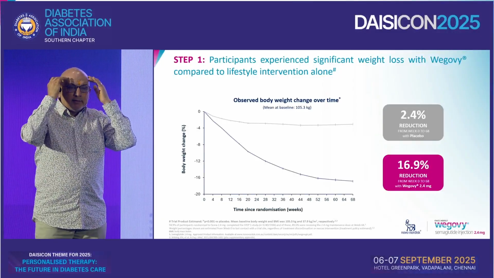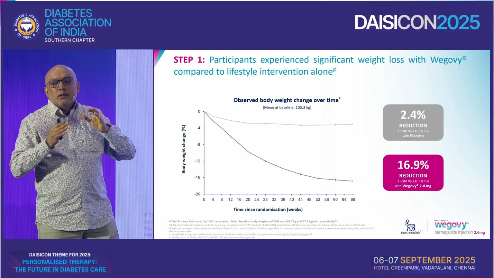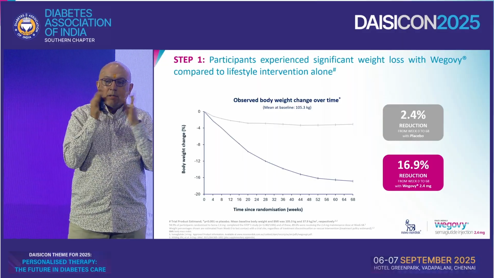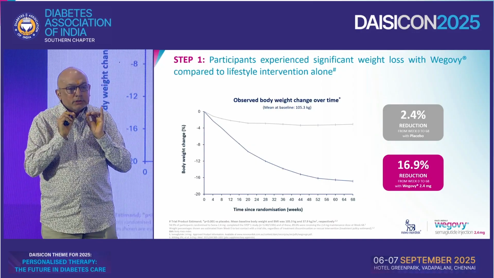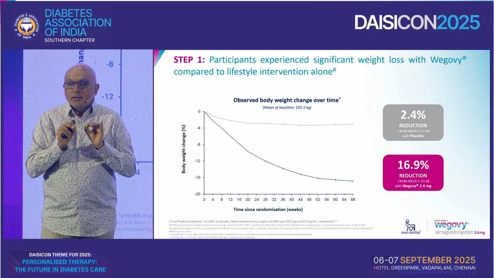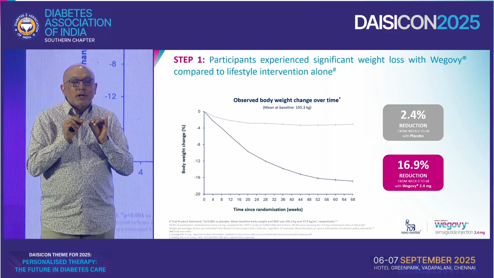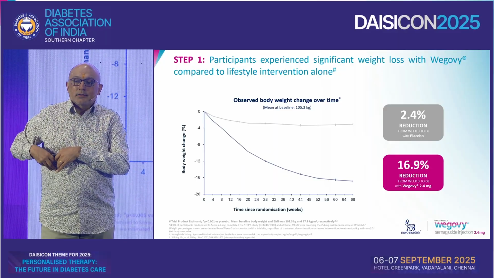I'm going to give you a very simple way to look at this. What is this 15% number people are talking about? When you say, I have lost 15% of my weight, you have lost 30% of your intra-abdominal fat. When you've lost 30% of your intra-abdominal fat, you have lost 66% of your hepatic fat.